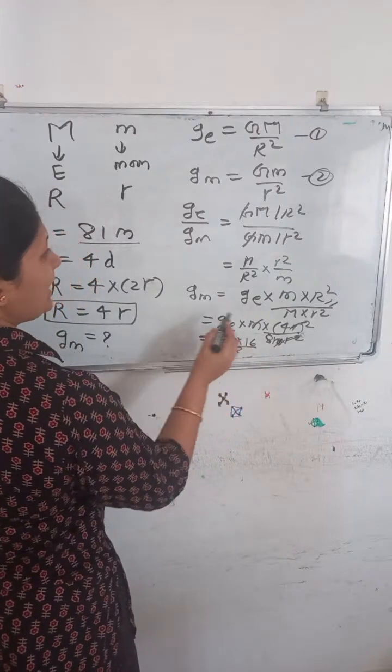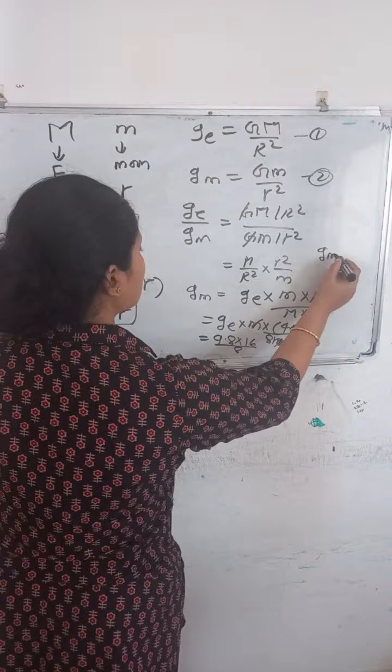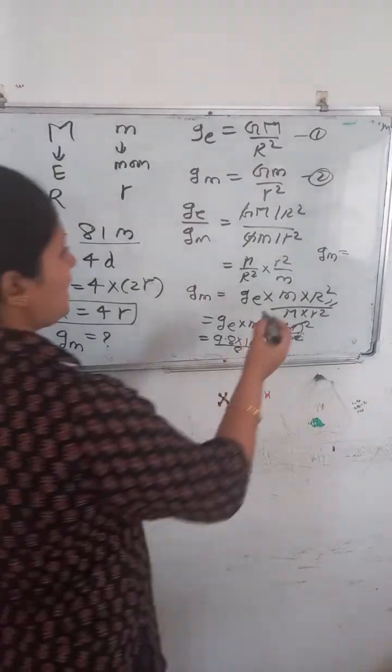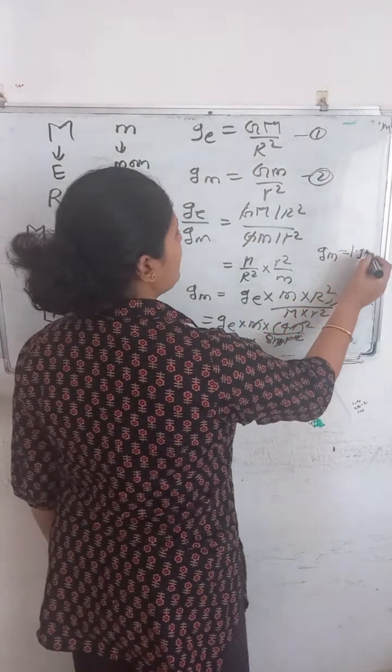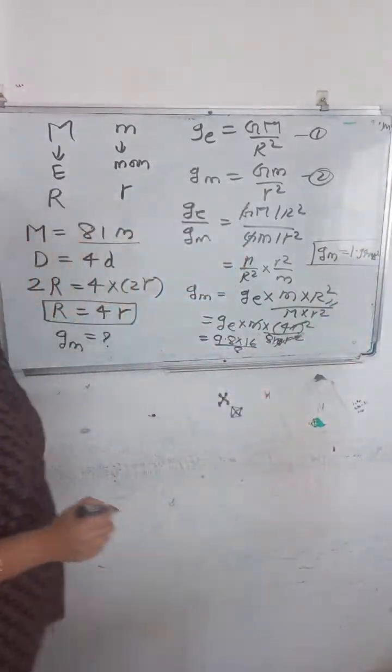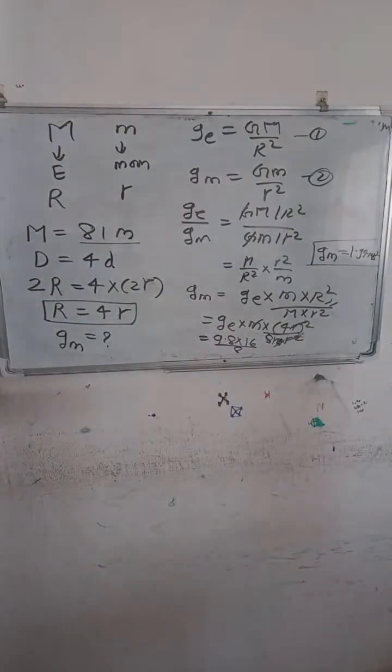If you do the calculation, you will get the acceleration due to gravity on the surface of the moon as 1.94 meter per second square. This is a little bit of an assumption-based question.